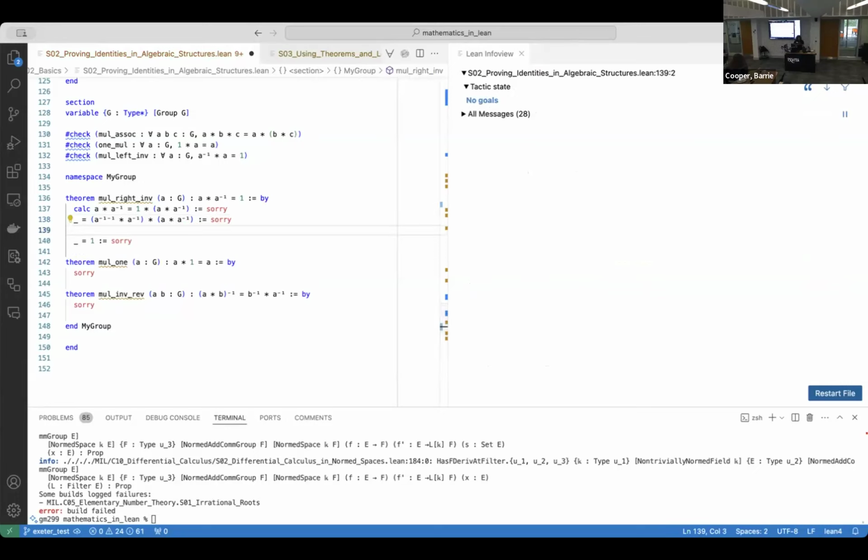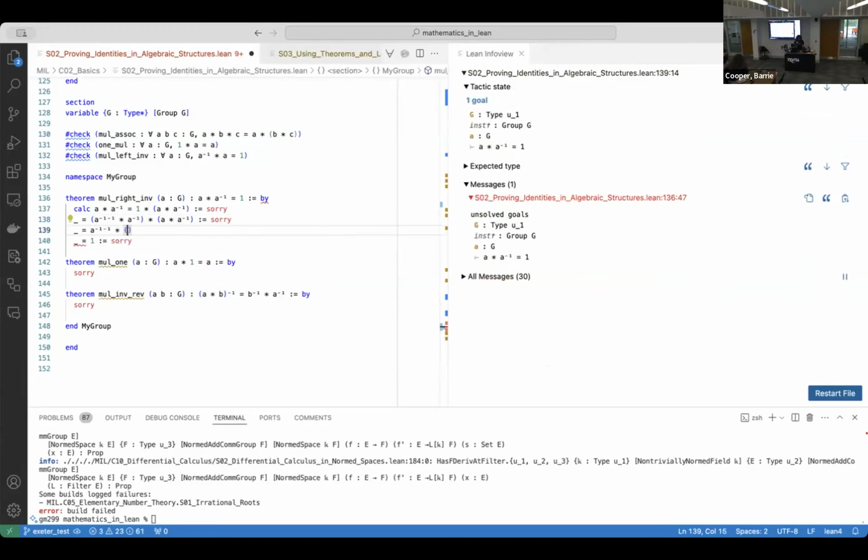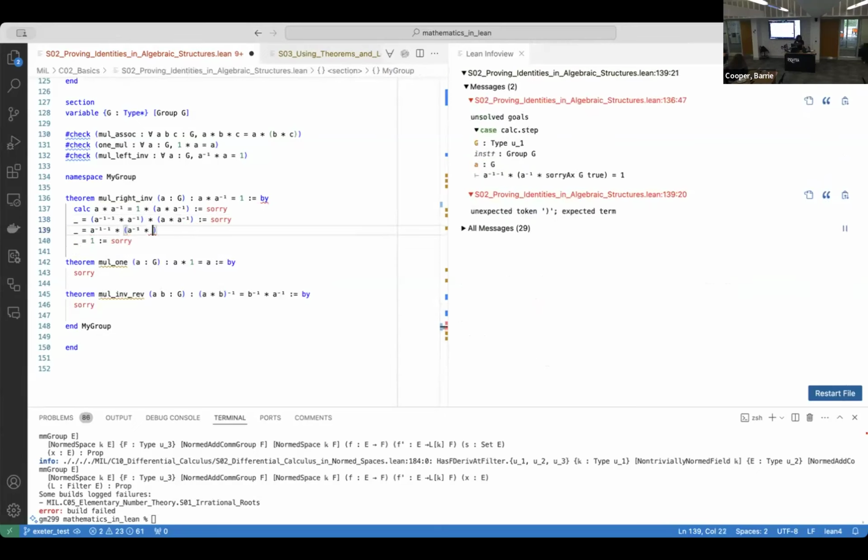And then what's the next step? We're going to need to move some brackets so we can cancel the middle terms. Now we can't do all the... let's see.